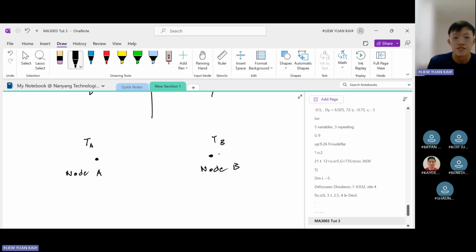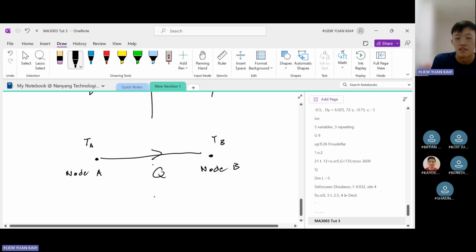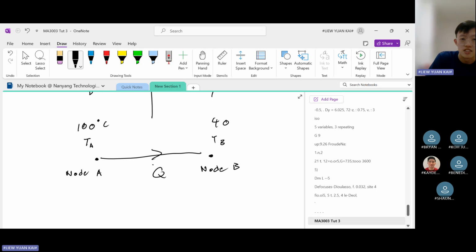But in heat transfer, I need a difference in temperature in order for heat to flow from A to B. This will be my Q dot. Earlier it was I. Temperature A must be greater than temperature B. Let's say this is 100 degrees Celsius, and this is 40 degrees Celsius. Temperature A is hotter than temperature B, so heat transfer will flow from node A to node B.